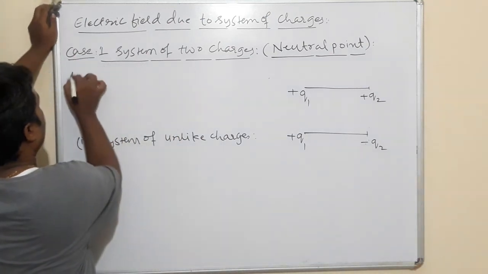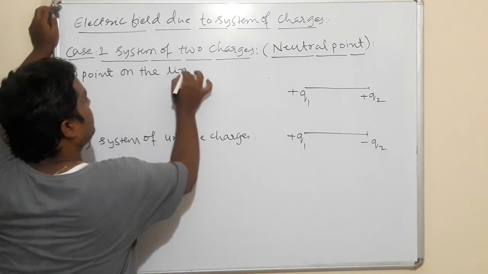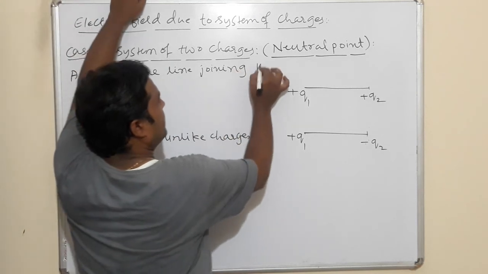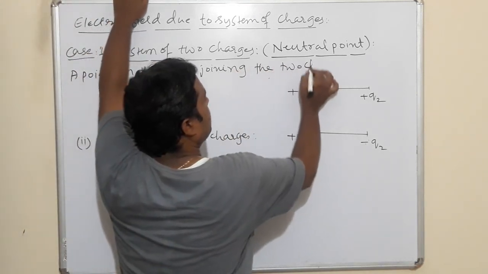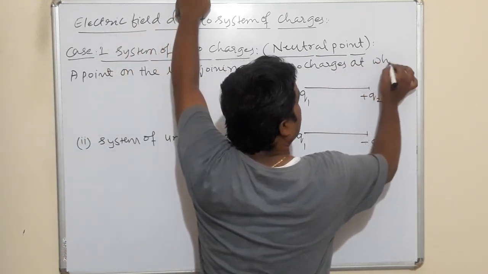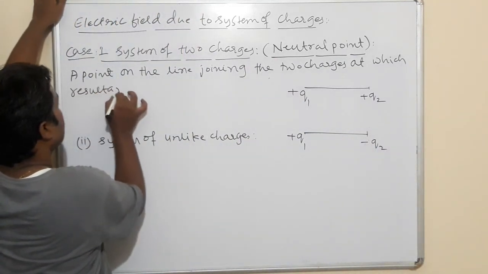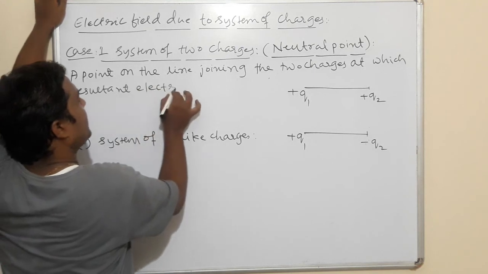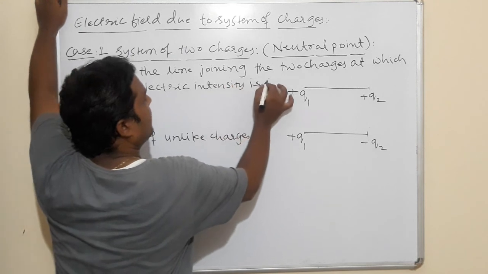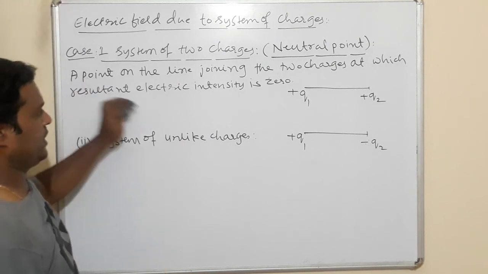See, a point on the line joining the 2 charges at which resultant electric intensity is 0. We will discuss it in case of system of 2 charges only.